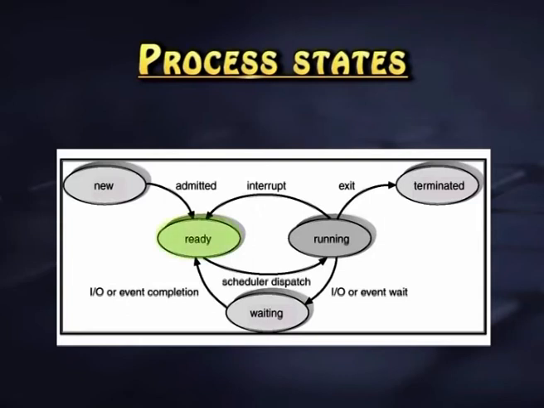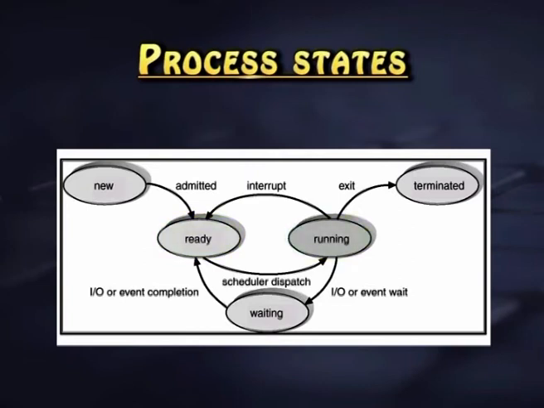All the processes waiting for their turn to get CPU are placed in ready state. Ready state is implemented as a queue containing all processes waiting for CPU. This queue is called ready queue. When CPU becomes free, one process from ready queue is allocated to CPU for execution, changing its state to running state.